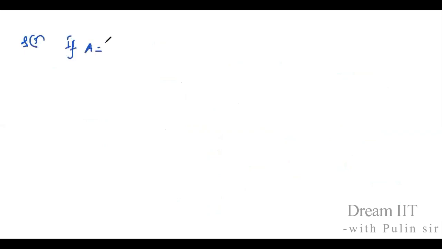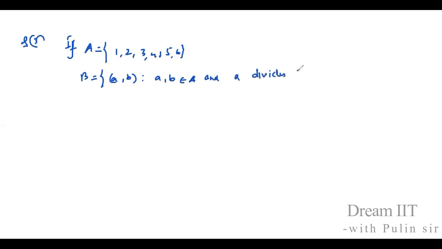If A equal to {1, 2, 3, 4, 5, 6}, B equal to the set of (a, b) such that a, b belong to A, right? And a divides b. So you have to find what is B.